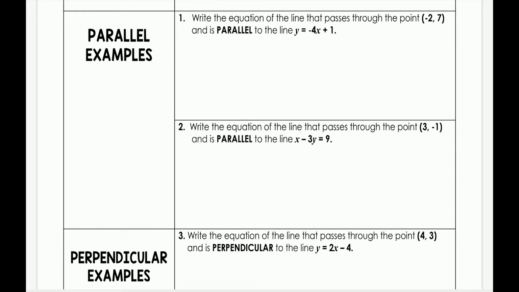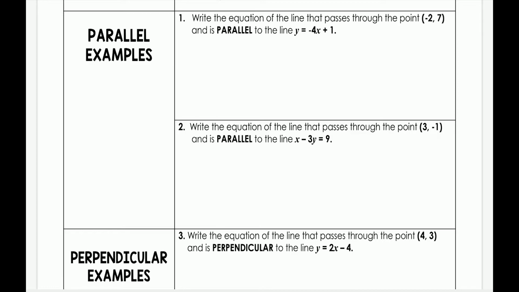So, number 1 says to write the equation of the line that passes through the point (-2, 7) and is parallel to the line y equals -4x plus 1. So, we have some information that's given. What can you tell me about parallel lines?